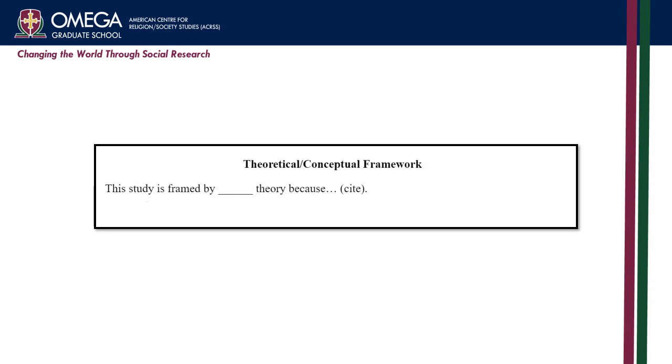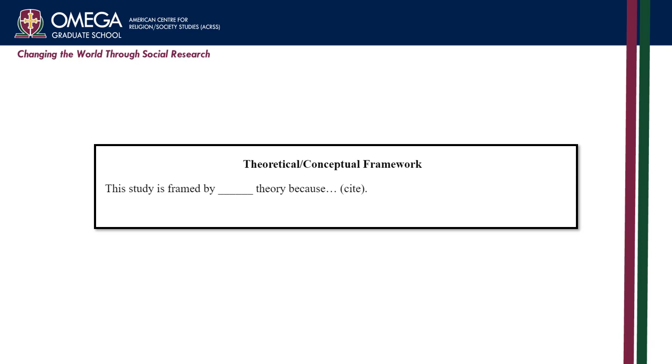A major part of your Chapter 2, which will be your literature review, is justifying the theoretical or conceptual framework for your study. So that is a theory that anchors your study in the literature, and that should be a sociological theory. And of course, at OGS, we encourage you to integrate theological perspectives with that as well.